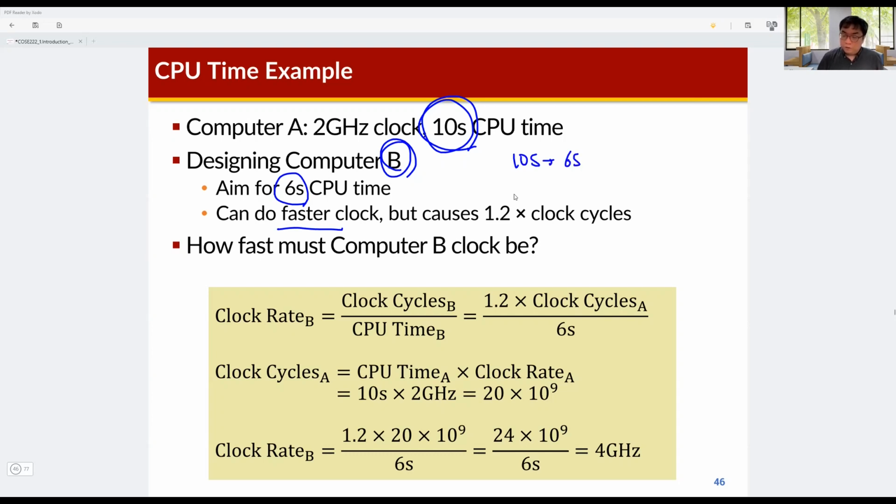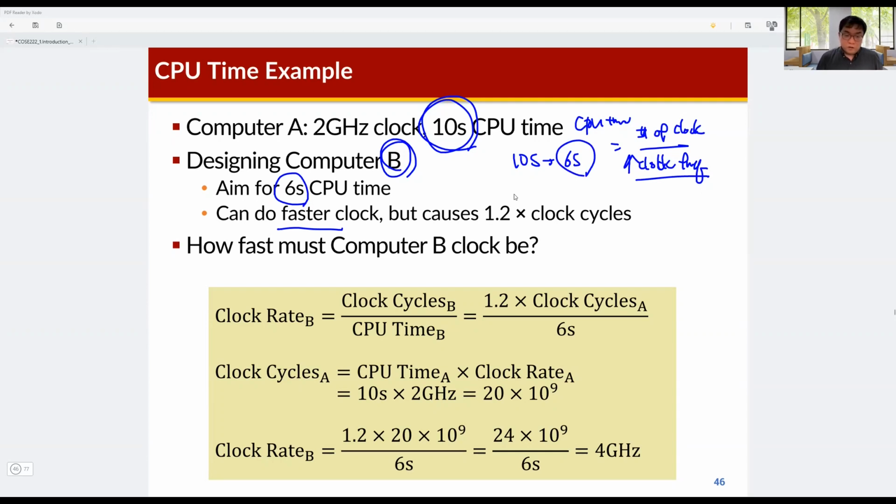And then we learned that the CPU time is the number of clocks divided by clock frequency. So in order to reduce this CPU time, we need to increase the clock frequency.